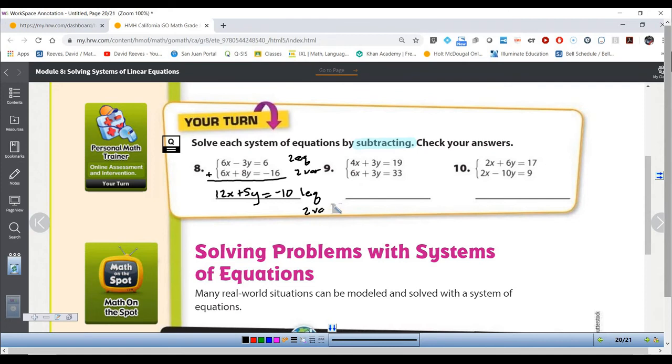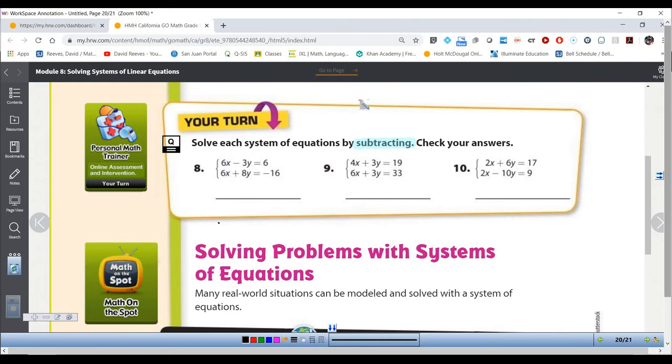It still has two variables. Do you see that? What do we want? We want, when we do this, to have one equation with one variable. Why didn't it work? Remember what we said before? You had to have those opposites, and we don't have the opposites. 6x is not the opposite of 6x. 8y is not the opposite of negative 3y. But 6x and 6x are the same.